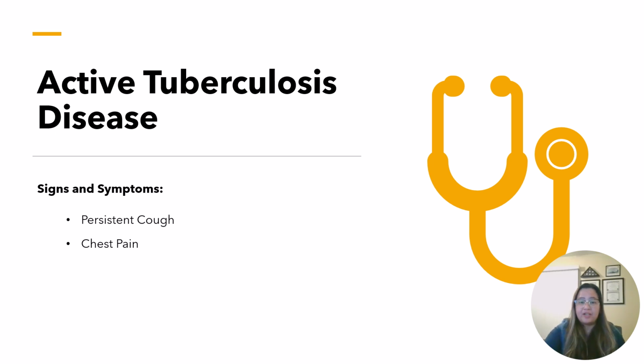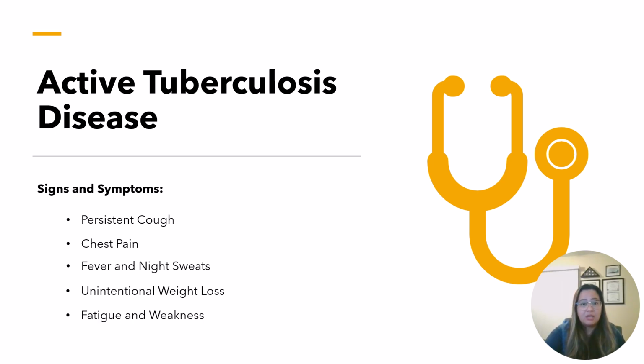Discomfort or pain in the chest, especially when breathing and coughing. Low-grade fever and sweating at night. Noticeable weight loss without trying, often due to decreased appetite. And a general feeling of tiredness and lack of energy.